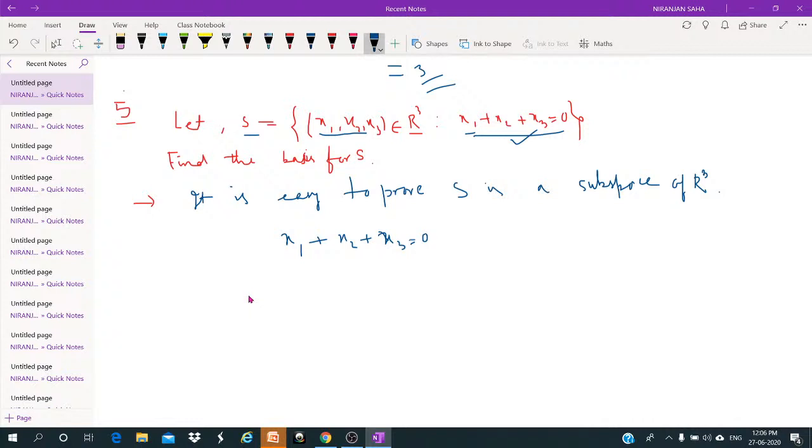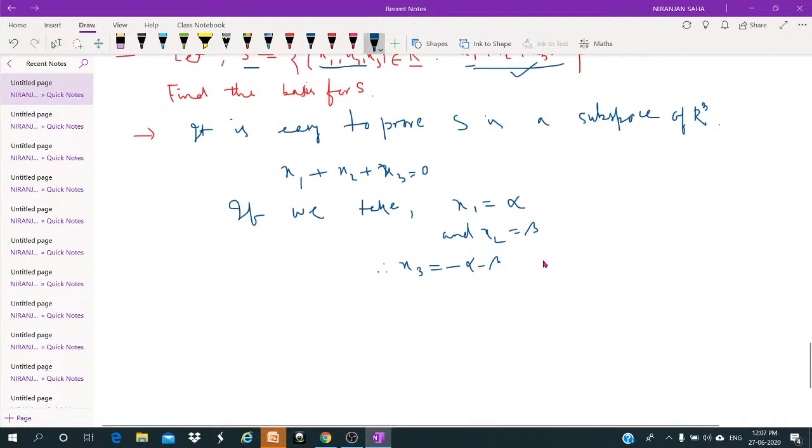Now, if we take x1 equal to alpha and x2 equal to beta, then we will have x3 equal to minus alpha minus beta.